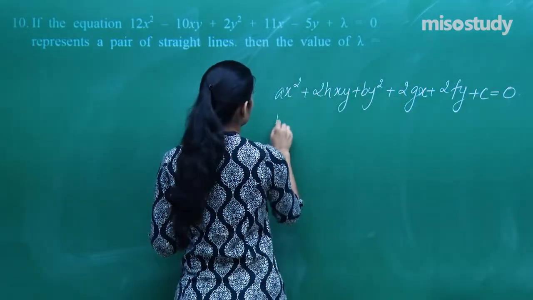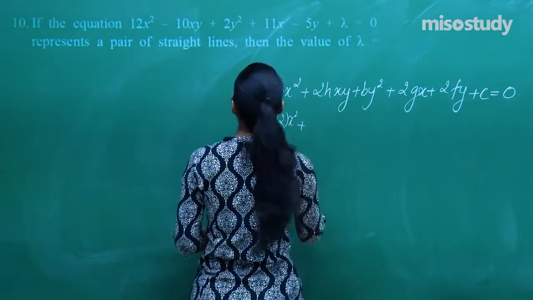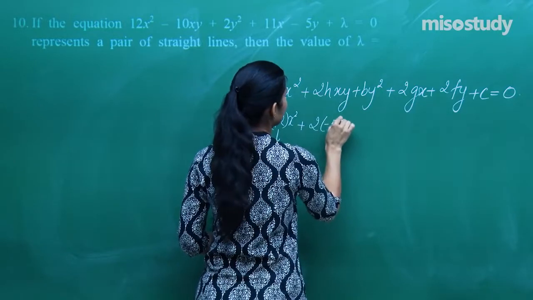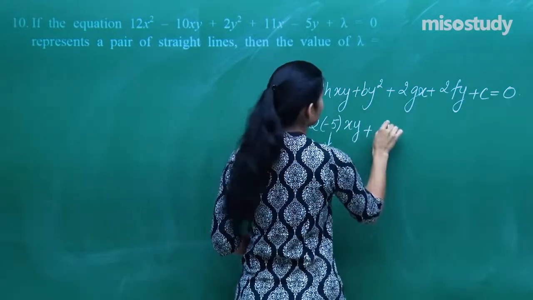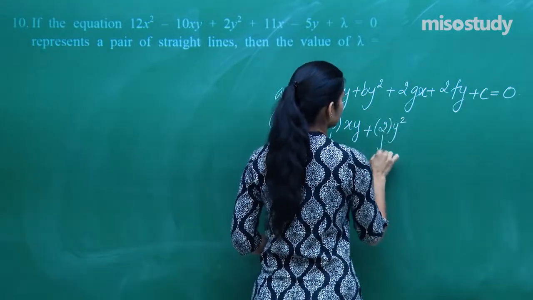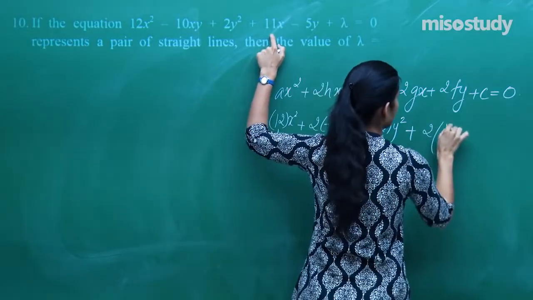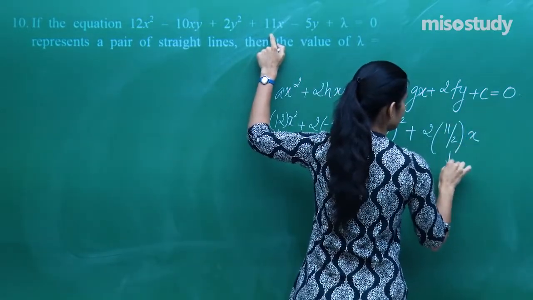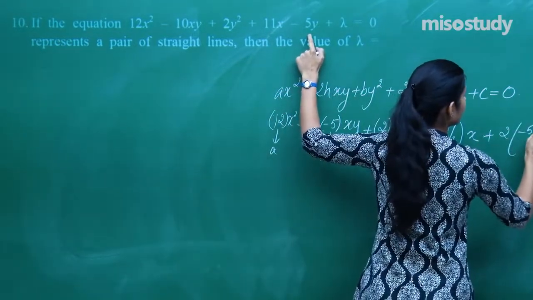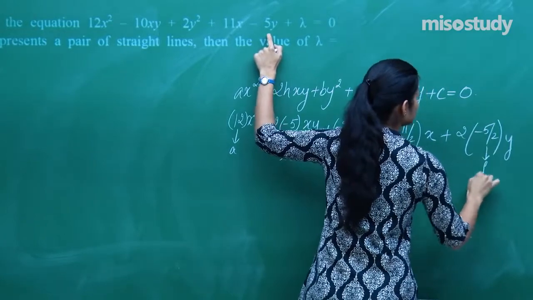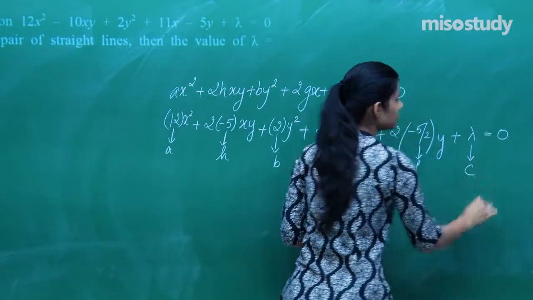Here it is ax square, so 12x square, 12 is a, plus 2hxy, so 2 into minus 5xy, this is h, plus by square, 2y square, this is b, plus 2gx, this is g, plus 2fy, I can write it like this is f, plus c.